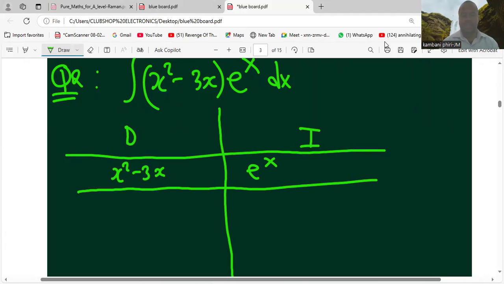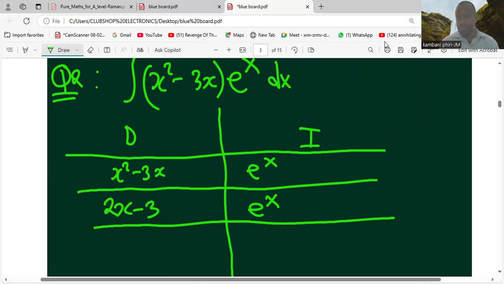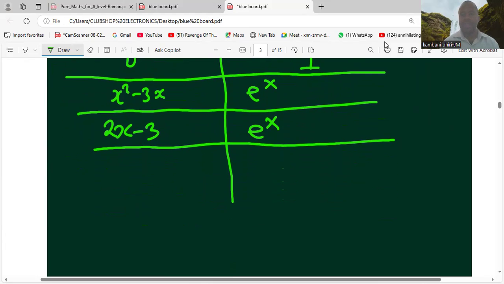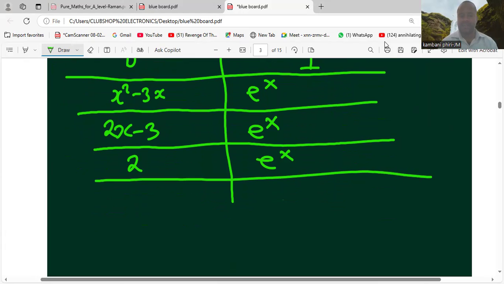So the derivative of x squared minus 3x is 2x minus 3. Here we'll say e to the x. Then when we differentiate this, we are going to get a 2, right? Then here we have e to the x.